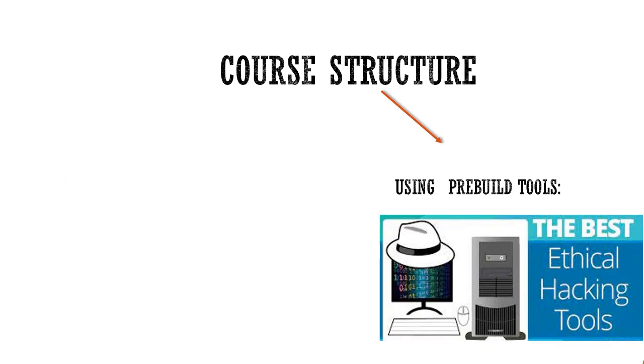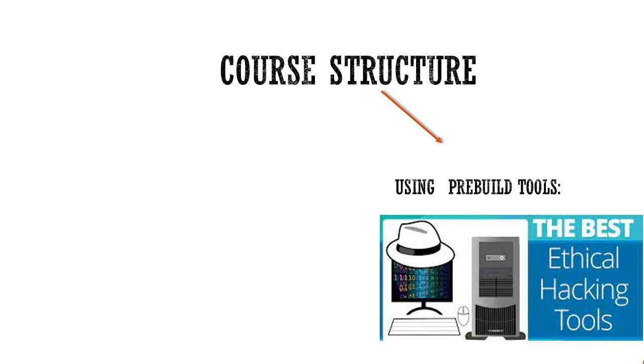So the course structure. This course is divided into two parts. Okay, if I talk about in general, the first part is using pre-built tools. Okay, the tools that are already built, and other people are using them.